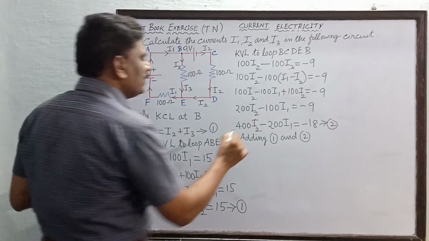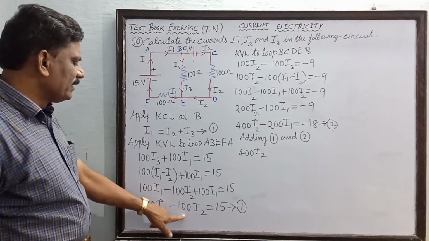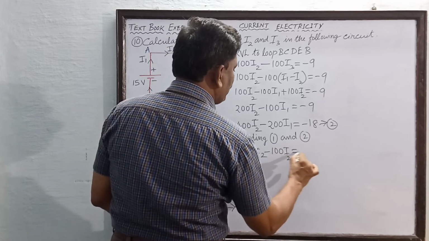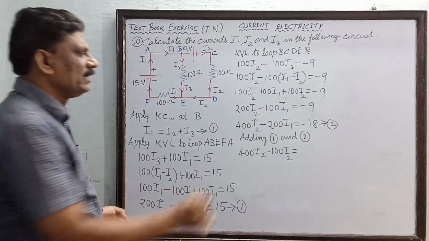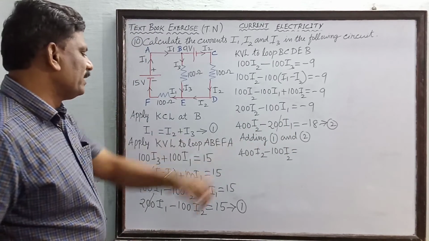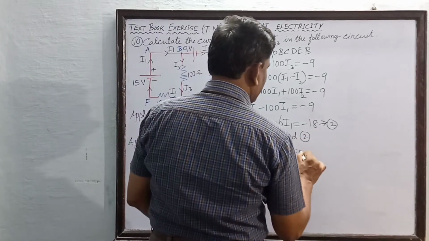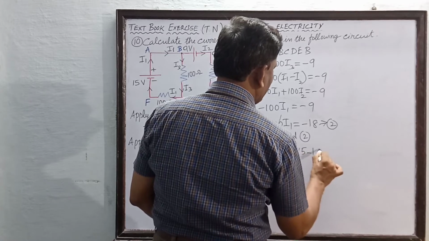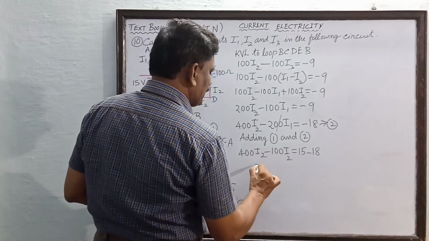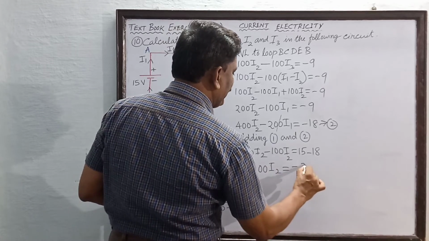So what will be remaining is 400 I2 minus 100 I2 on the left hand side, is it not? So remaining is 400 I2 minus 100 I2 is equal to 15 minus 18. Okay, 400 minus 100 is 300. So 300 I2 is equal to minus 3.